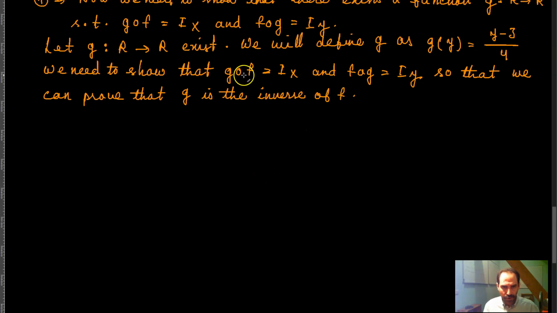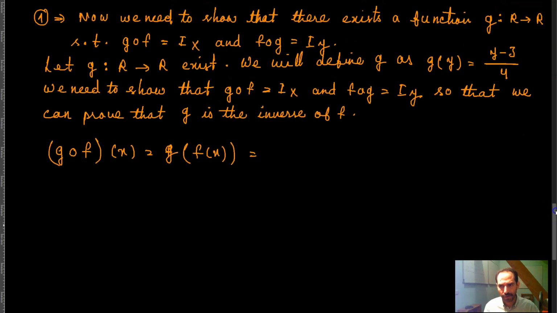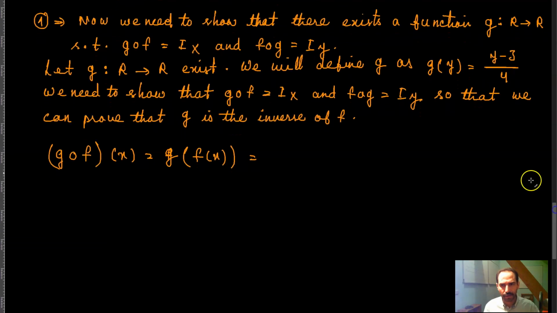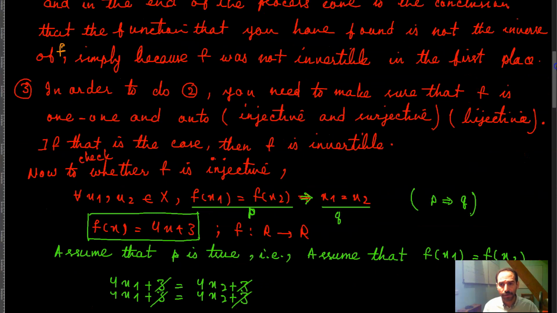So now g of f of x is the same thing as g of f of x, which is equal to, well, g of y is equal to y minus 3 divided by 4, and we know that f of x is equal to 4x plus 3.